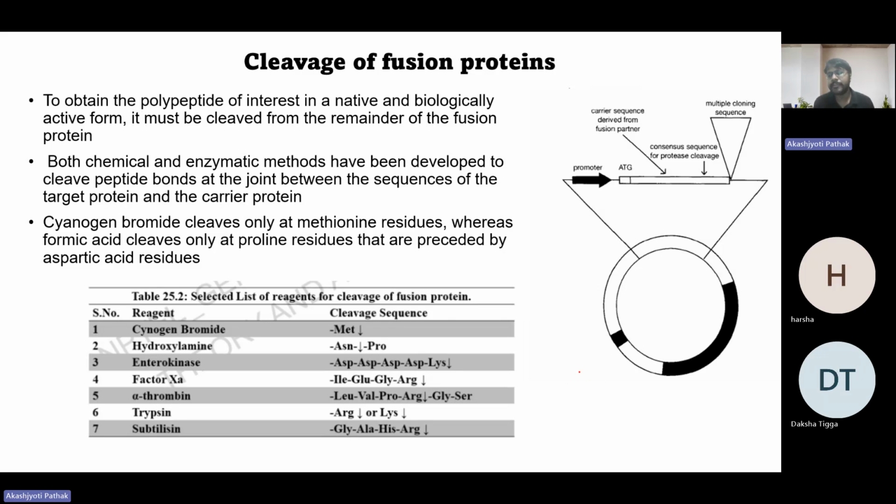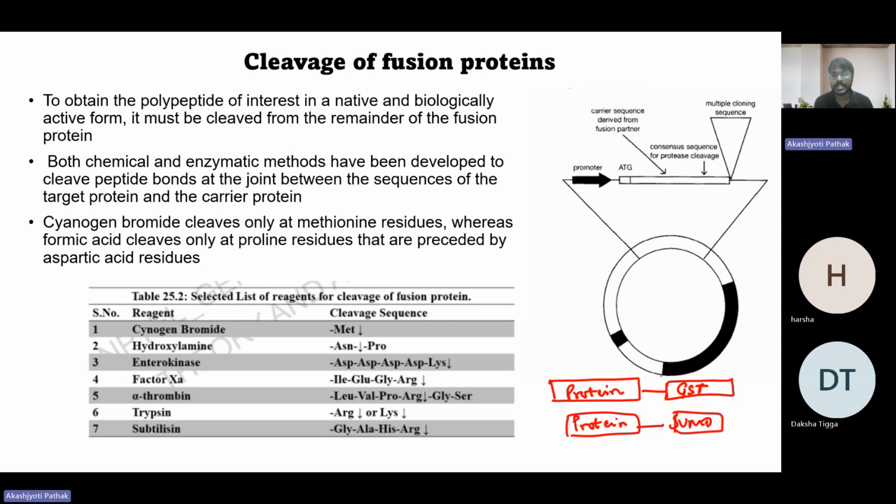Now what will happen is that you want only your protein of interest to be expressed. But if you have added a fusion tag, then along with your protein, the fusion tag will also get expressed, right? So you will also have this GST protein expressed along with your protein, or you can have your SUMO protein expressed along with your protein of interest. Now you only want this protein.